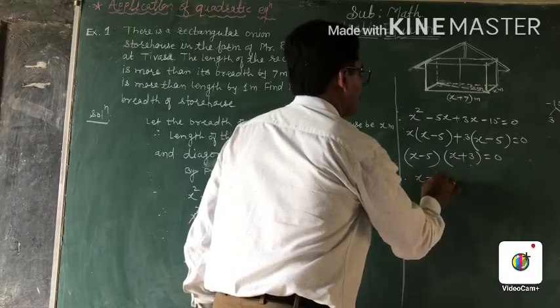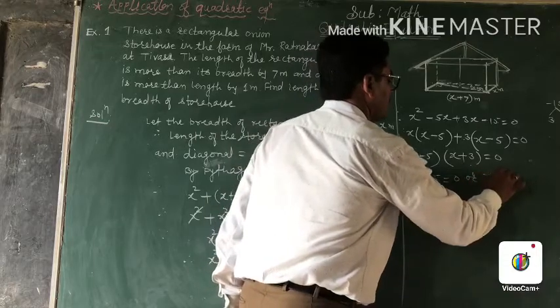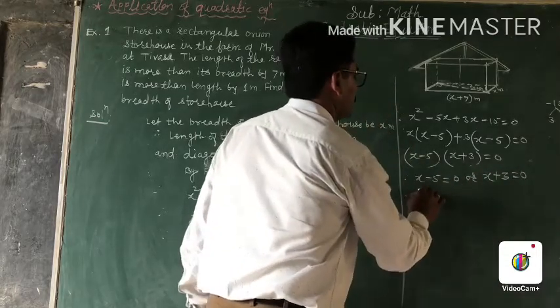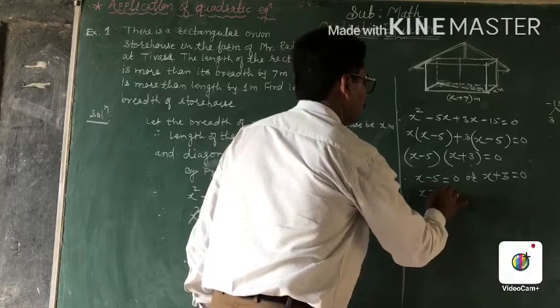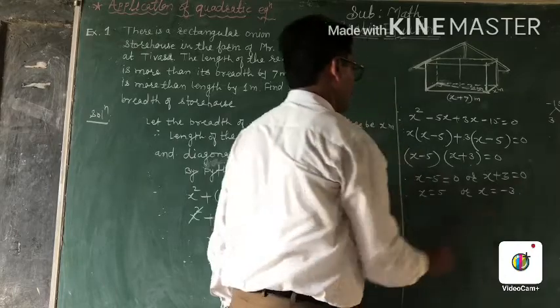Therefore, x minus 5 is equal to 0, or x plus 3 is equal to 0. Therefore, the value of x is equal to plus 5 or x is equal to minus 3.